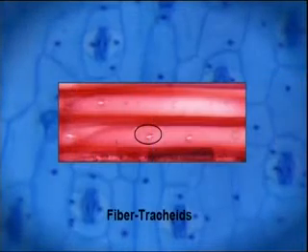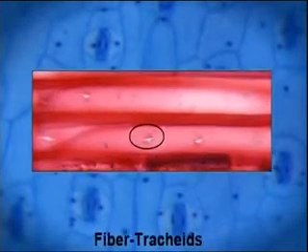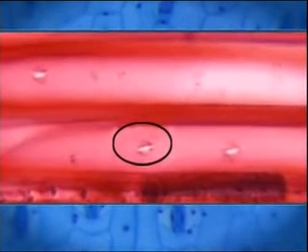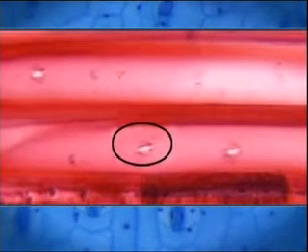The fiber tracheids have bordered pits. These pits have a pit canal with a circular outer aperture and an elongated or slit-like inner aperture. Fiber tracheids are found in shrubs and some woody herbs.